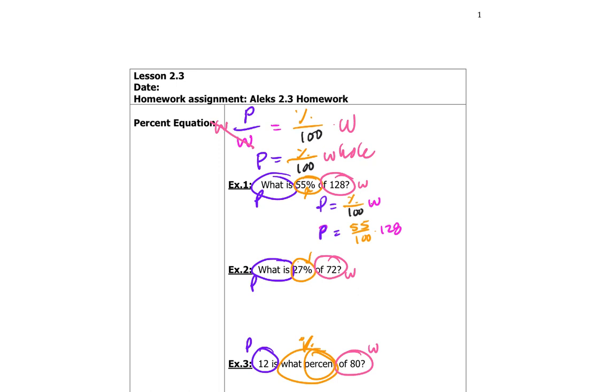This becomes 0.55 times 128. So P equals 70.4. Okay, so your answer is 70.4 is 55% of 128. That's your answer.